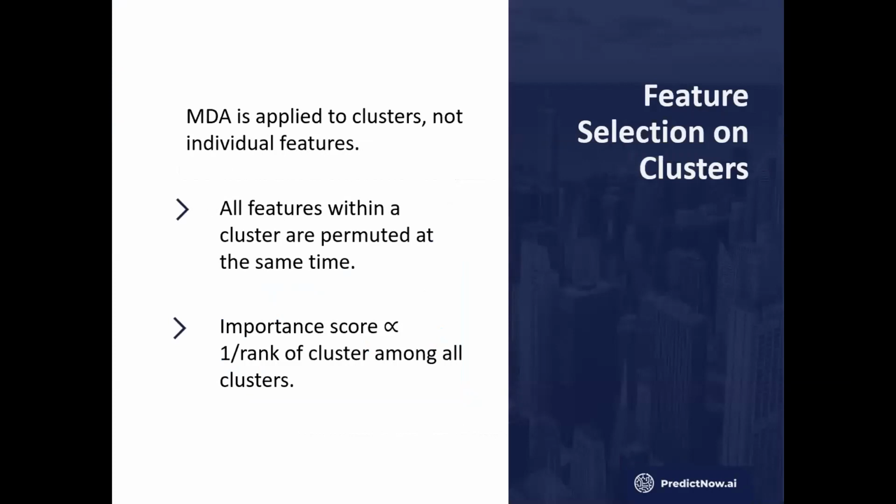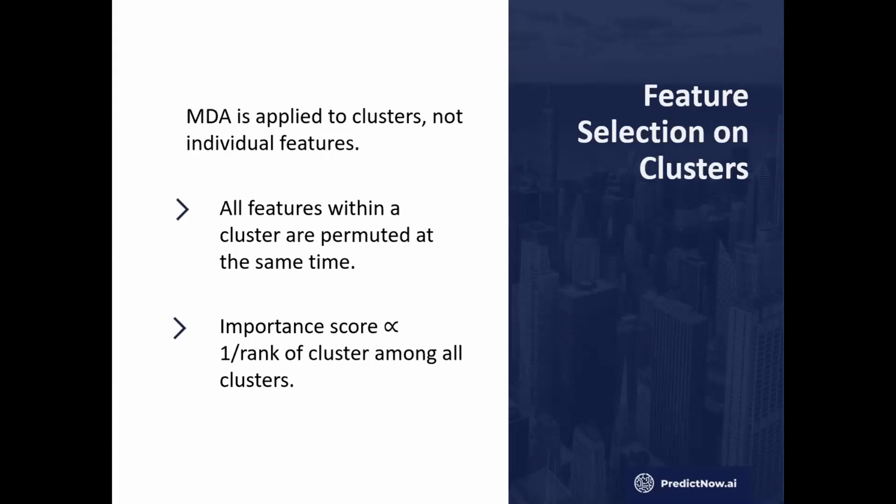Okay, so now that you have clustered these features into similar features, how do you apply MDA? MDA is applied so that all the features within a cluster are permuted together. Remember, MDA permutes the rows of features. It randomizes the mapping of the feature to a label.